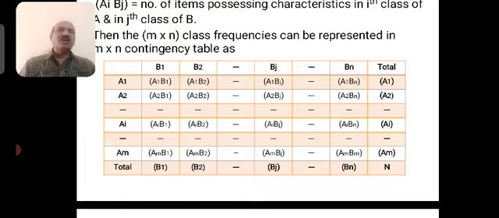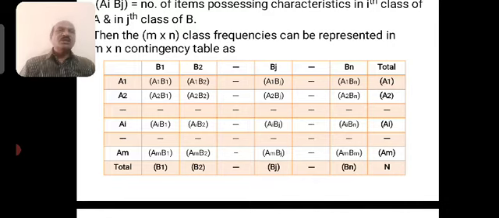It means that in class A, the persons possessing characteristic A have a total of 50. Like that, we have the A totals on the column side, A1, A2, A3 bracketed, meaning the number of atoms in that particular class. Column wise, bracketed B1, bracketed B2 imply the frequency of the B1 class, the number of atoms belonging to the B1 class, B2 class, Bj class and so on.